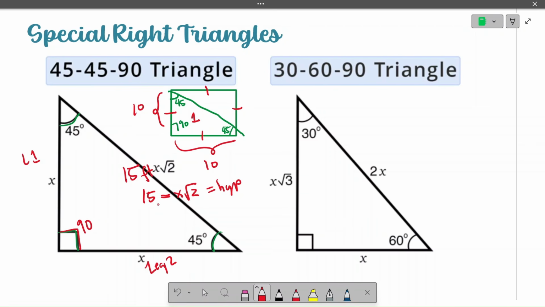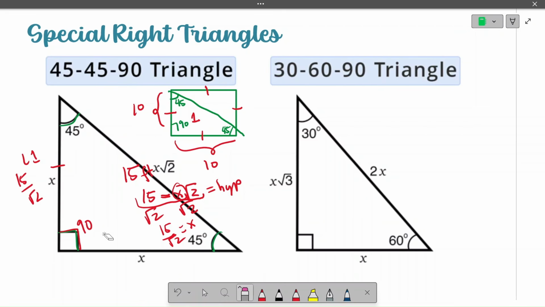We need the value of x, so we divide both sides by square root of 2. Therefore, our x is 15 over square root of 2. So we get the two legs now: leg 1 is 15 over square root of 2, and leg 2 is 15 over square root of 2, again because they are congruent in a 45, 45, 90 triangle.